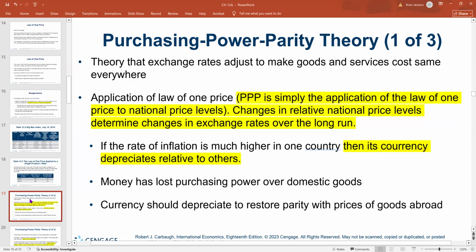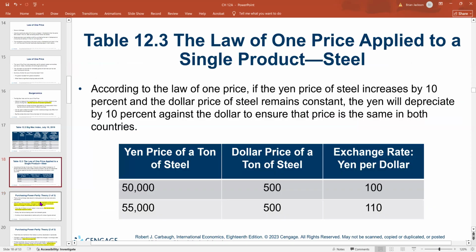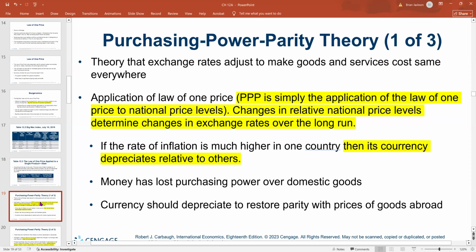But there are certain items, beef and food and even movie tickets and so forth, that are in the CPI basket. So we're going to apply the law of one price to a basket of goods.